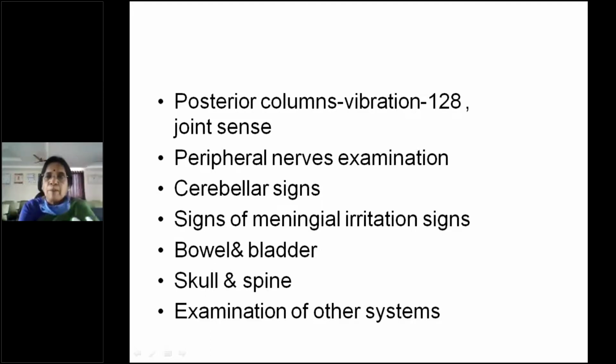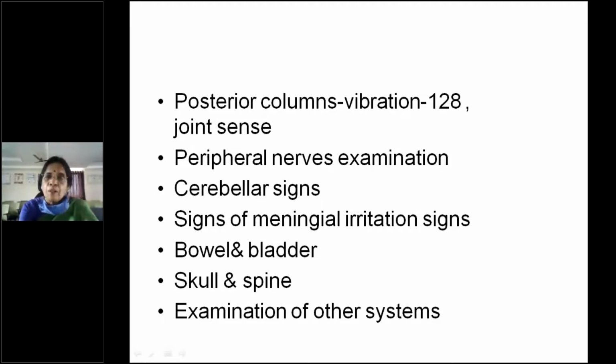You have to use the tuning fork of 128, keep it over the bony prominence, and see whether the patient is able to feel the vibrations, not the sensation. You should ask whether he is feeling the vibration or not. If it is absent, that is a sign of posterior column involvement.